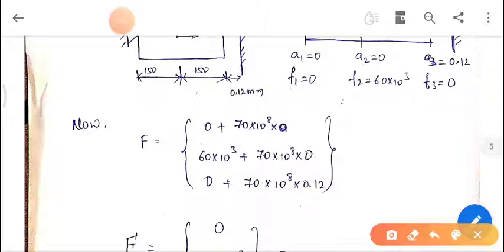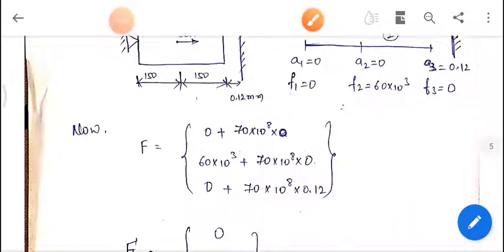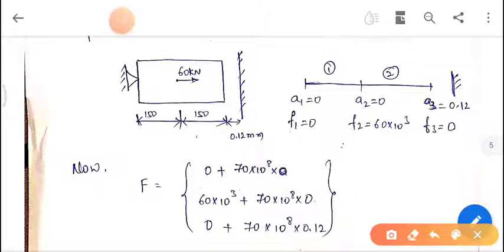At node 1 we don't have any force, so F1 is 0, and we have the maximum value 70 into 10 raised to 8, and A1 is 0.